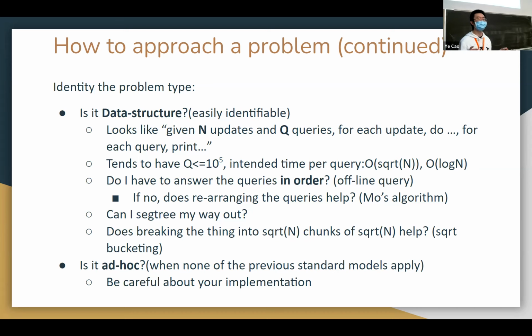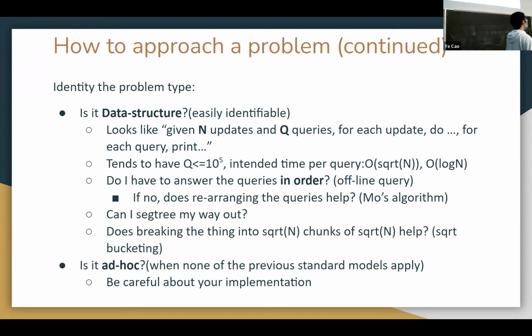The square root bucketing strategy is basically asking yourself, okay, we have a long array. Does it help if I break this long array into square root of n chunks of size square root of n? Because oftentimes it will reduce the complexity of each query from O of n to O of root n. Very powerful technique.